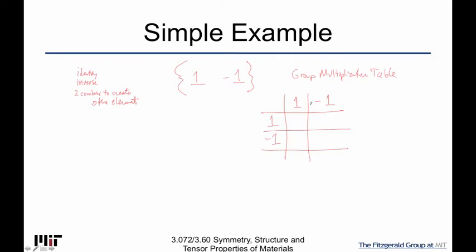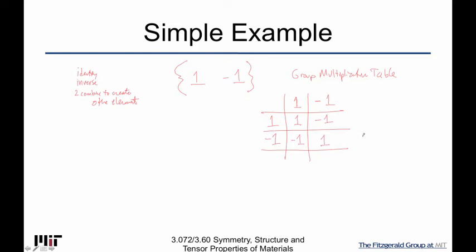So the way this works is that we'll have this one, right, and then we'll operate on by this one. So this operated on that gives us a 1. This operated on that gives us a minus 1. This operating on this gives a minus 1, and this operating on that gives a 1, right?